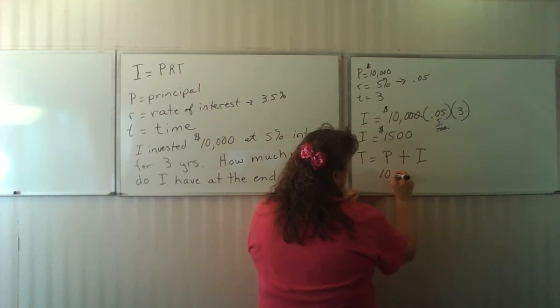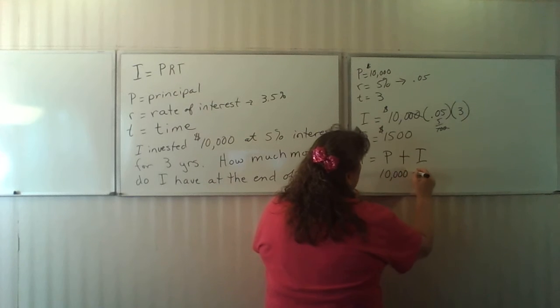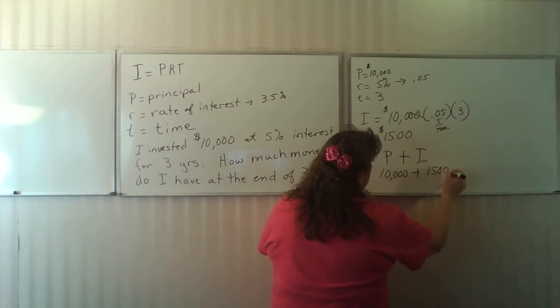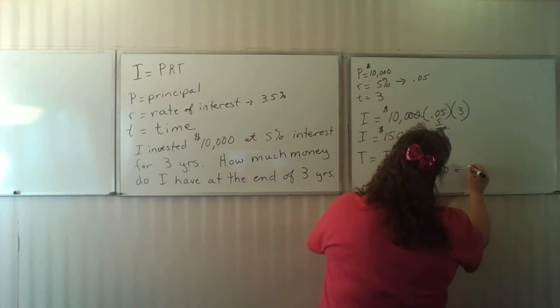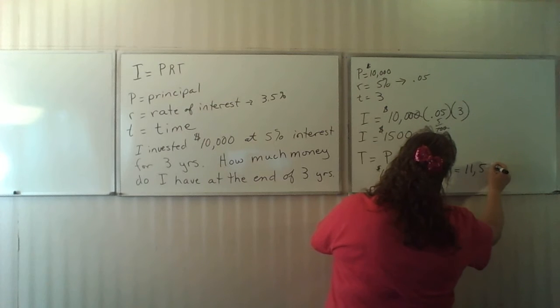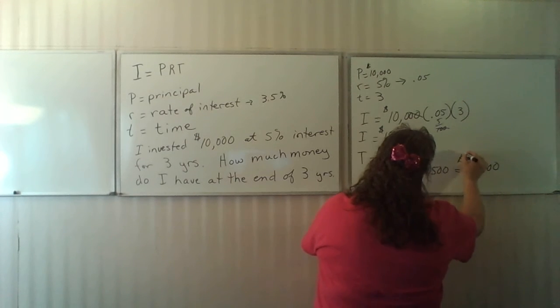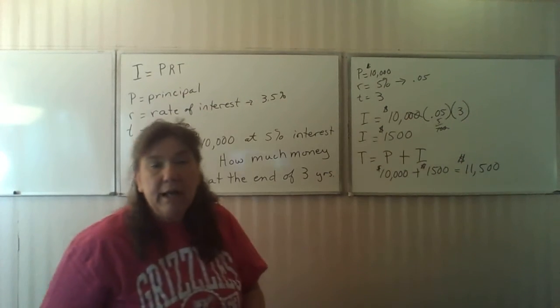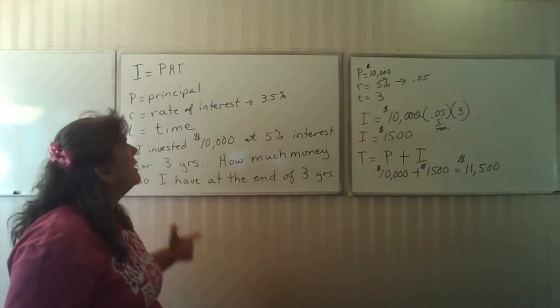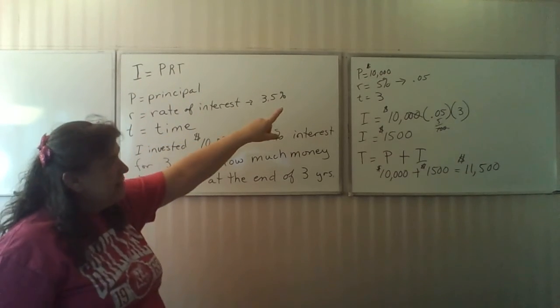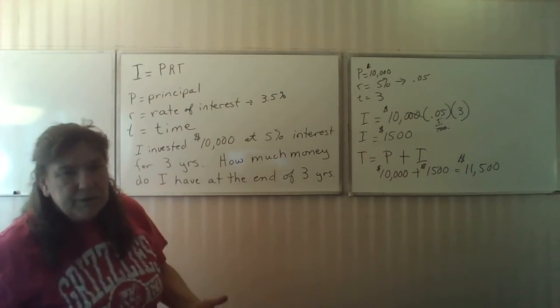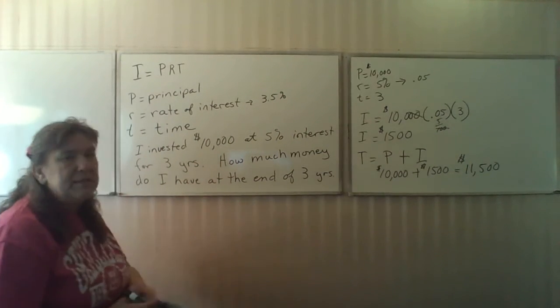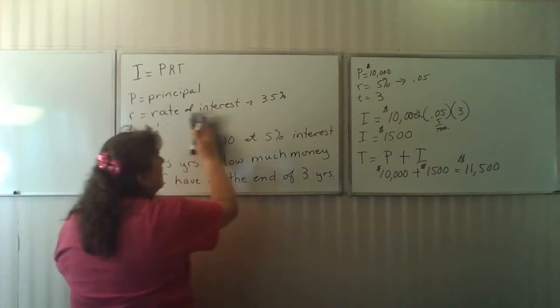So this is $10,000 plus $1,500, which is going to equal $11,500. So that's how much money we would have at the end of 3 years if we invested $10,000 at 5% for 3 years.